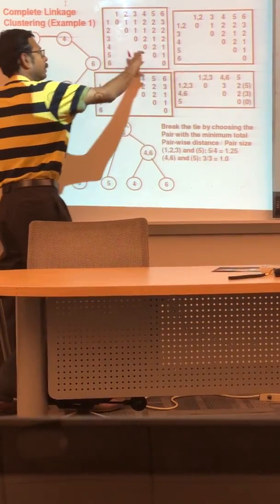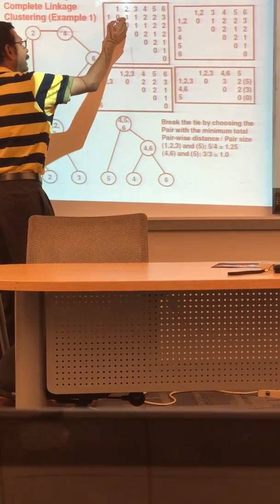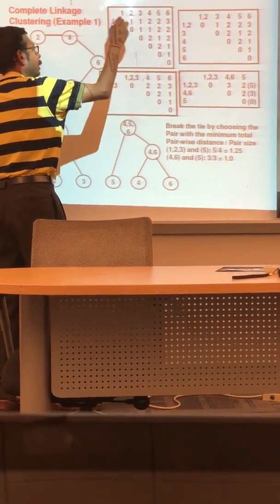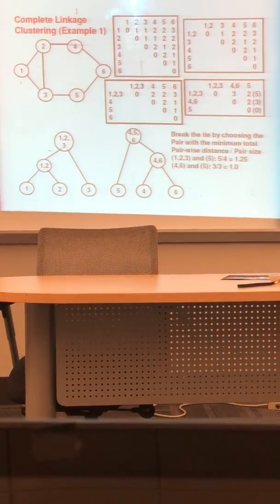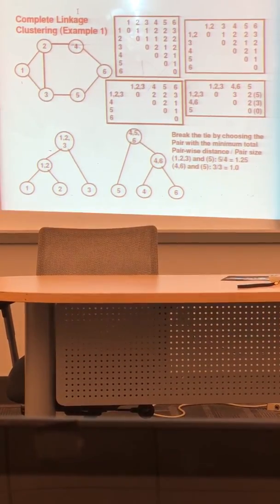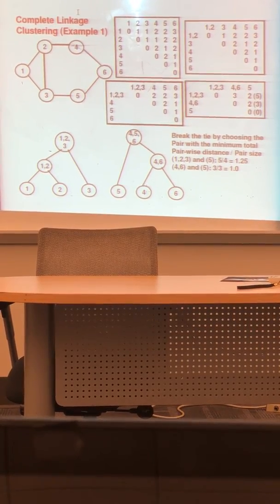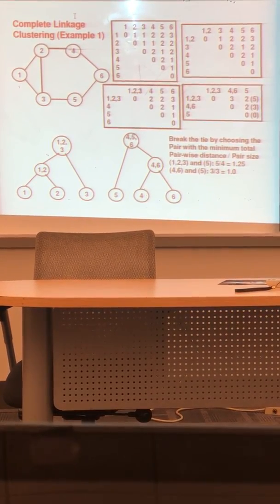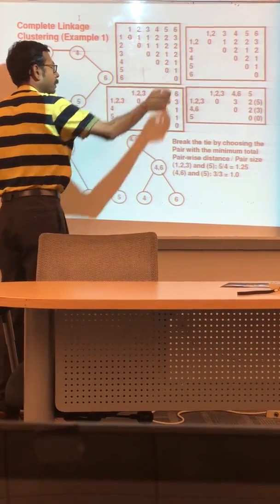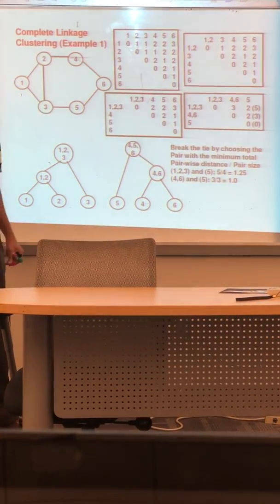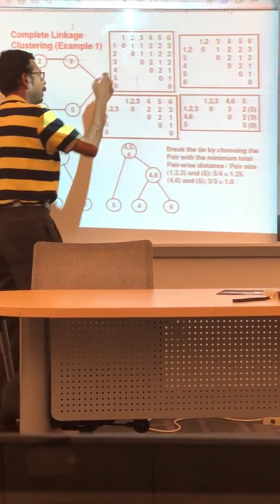So the first iteration. In each iteration, we'll pick the smallest entry in the distance matrix, meaning the lowest value. If the lowest value is occurring multiple times, like here, we have multiple occurrences of 1. Of course, we don't pick 0 as the lowest value because that's from a vertex to itself. So non-zero value.